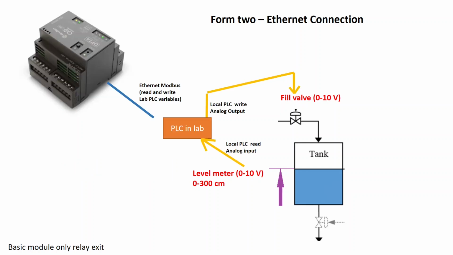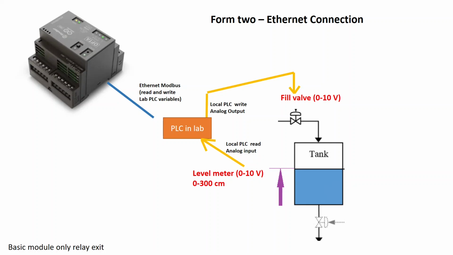So instead, what we're going to do is what's shown in this picture, where we can imagine that we have a lab, and in orange I've represented a PLC which is capable of reading and writing analog values. So we connect the level meter to this PLC, and we connect the fill valve actuator, rather the signal, also to this PLC.